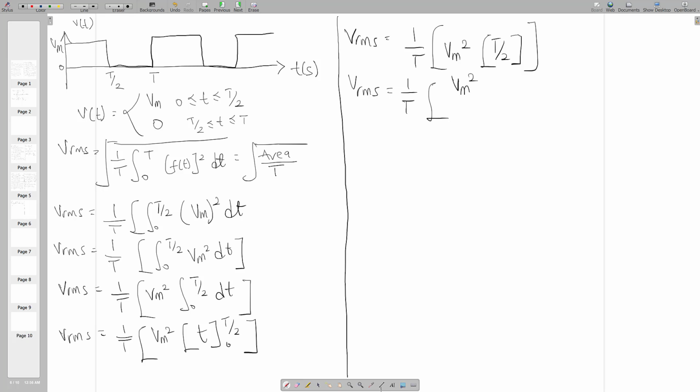So I'll have Vm squared T on 2 over here, like that. So V_RMS in this case will be 1 on T multiplying this. So I'll have Vm squared T all over 2T. So I'll see that T will cancel T. So V_RMS squared is Vm squared on 2.